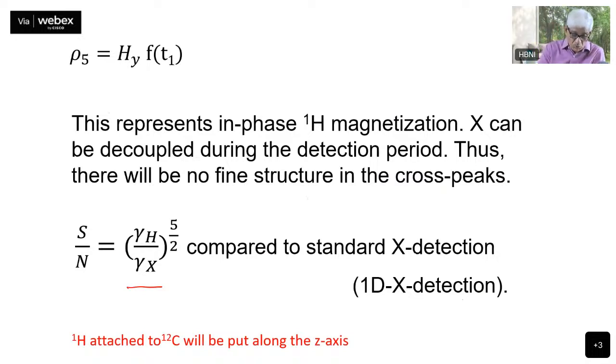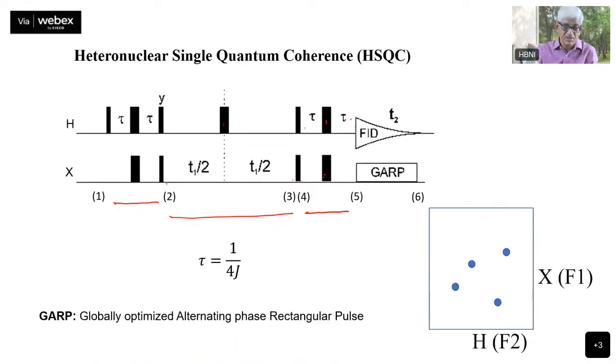Okay, so now protons which are attached to C12 will be put along the z-axis. How does that happen? If we're doing natural abundance C13, for example, 99% of the protons will not be attached to carbon 13. They will be on carbon 12 and they will not get transferred here. They will continue to flow like this, and at this point they will be put along the z-axis. During this period it will not make any effect with regard to the detection.